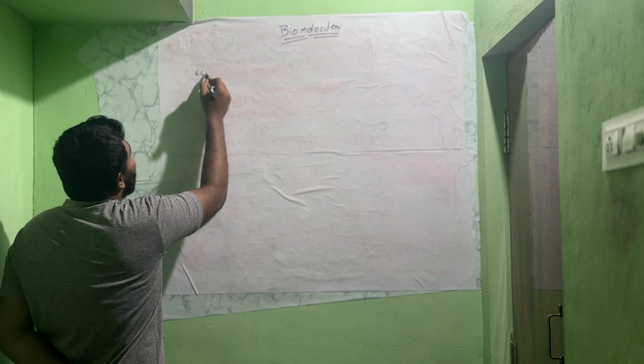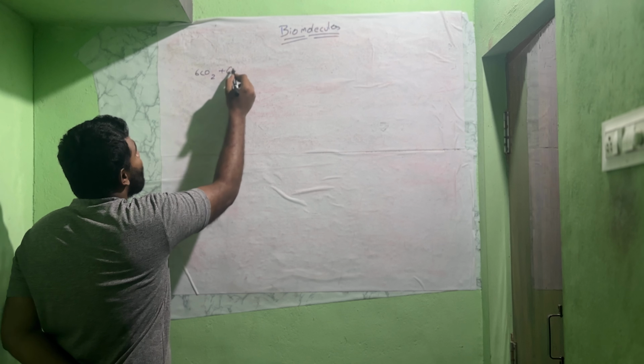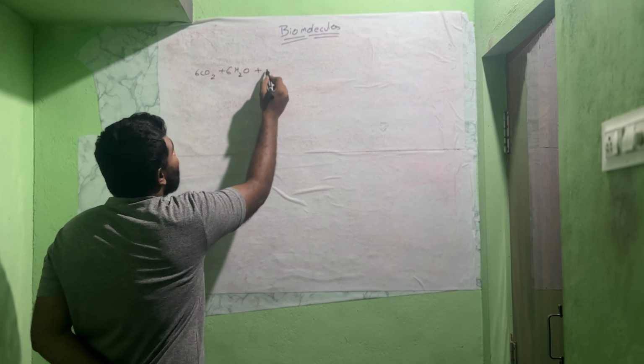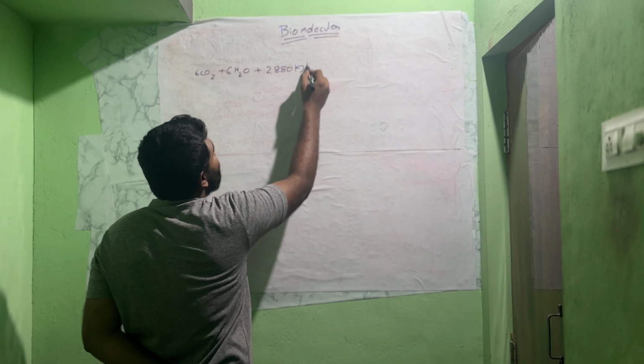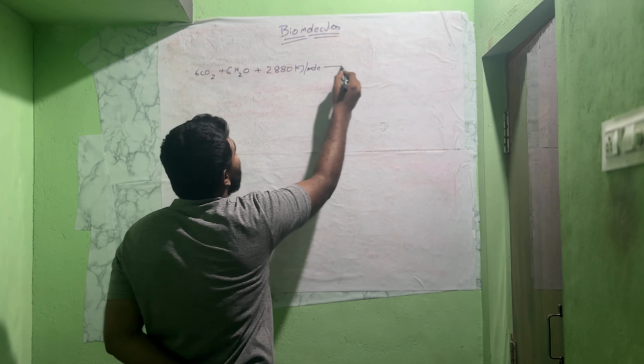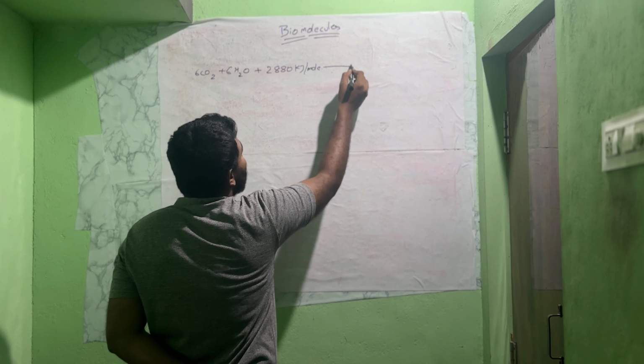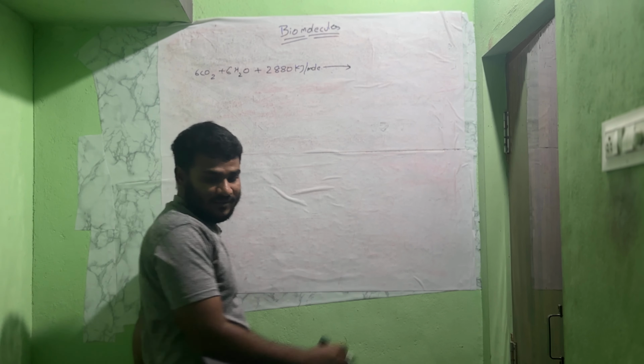I will write down one equation here: 6CO2 plus 6H2O plus 2880 kilojoule per mole. This is a photosynthetic reaction.